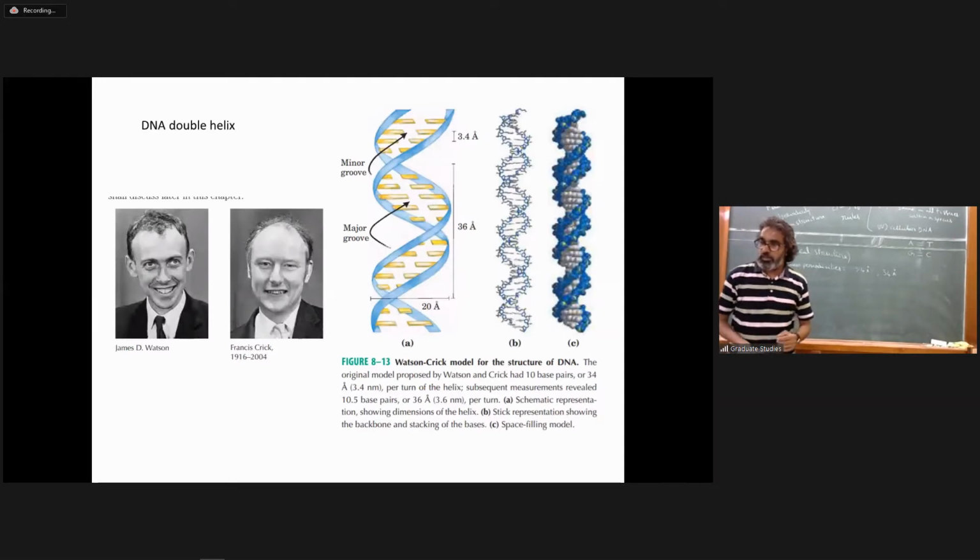So what they are saying is, now we know polynucleotides have phosphodiester bonds, sugars, and bases. Phosphodiester bonds are basically phosphates, highly negatively charged. So you have phosphate, negatively charged.